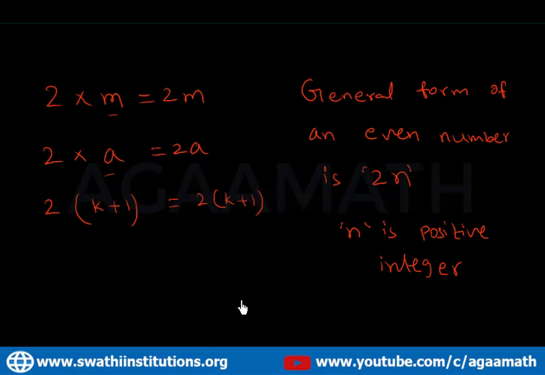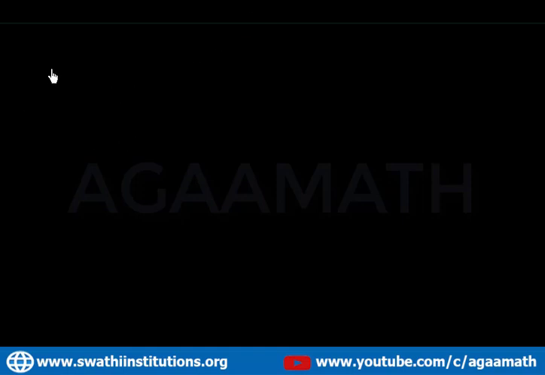Now let us see what the general form of an odd number is. Before that, let us list the odd numbers: 1, 3, 5, 7, 9, 11, and so on. These are all odd numbers. Do you see any pattern in this?